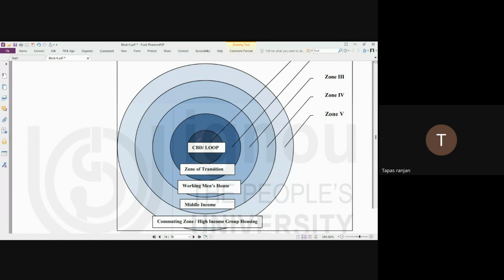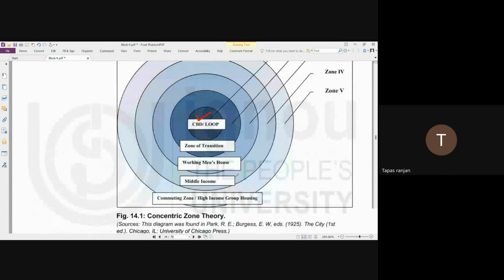CBD is a very popular concept, that is your central business district, and that will be performing a lot of functions. That will be giving you a lot of services, and that will be the headquarters of any city. Then comes the zone of transition and working men's houses, then middle income houses, then the commuters zones.